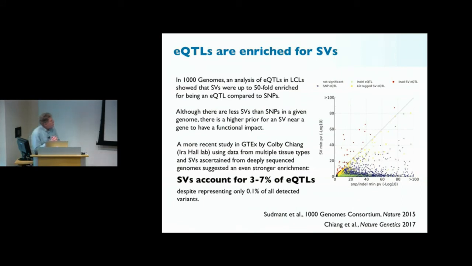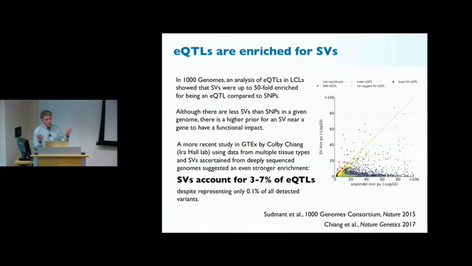And in the 1000 Genomes study, they took a look at this, and they found that when they looked at eQTLs in lymphoblastoid cell lines, the eQTLs were enriched up to 50-fold for being caused by structural variation. And then in a more recent study in GTEx by Colby Chiang and Ira Hall's lab, they did a similar analysis, and they found that up to 3 to 7% of the eQTLs are likely to be driven by structural variants, even though the structural variants were 0.1% of the variants they were actually testing to be eQTLs.